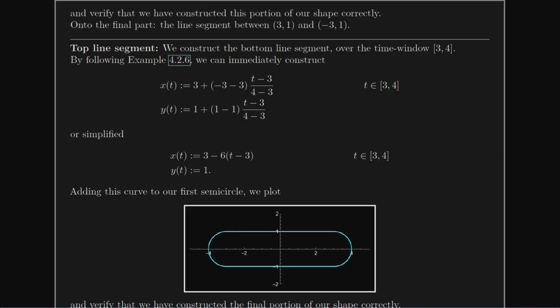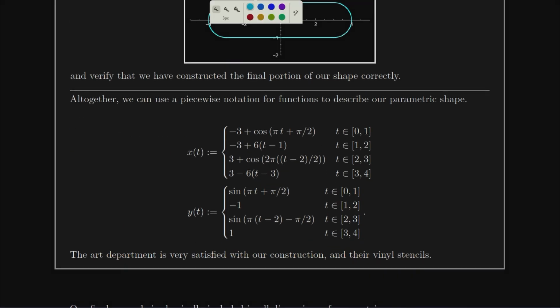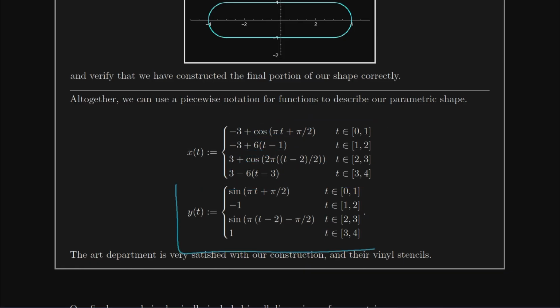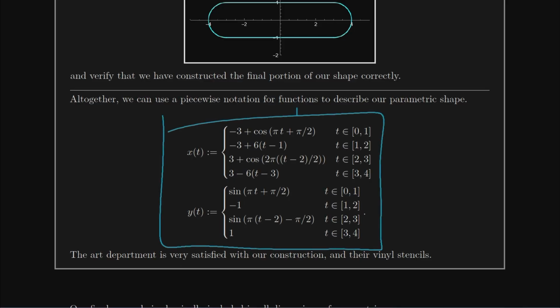If I combine all those definitions, specifically for x, I see that x has its 4 components. 2 of them look like circles, the other 2 look like lines. And y has its 4 components. 2 of them look like circles, and 2 of them look like lines. So this is my collection of parametric curves that will construct this kind of pill shape boundary.